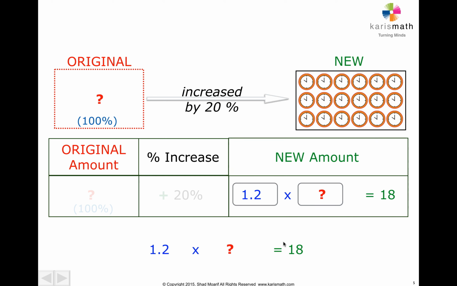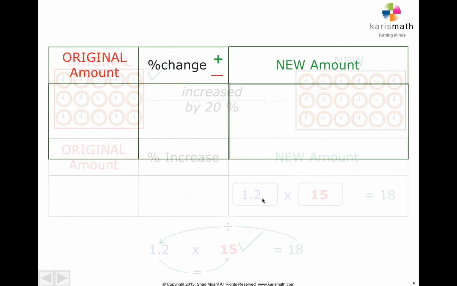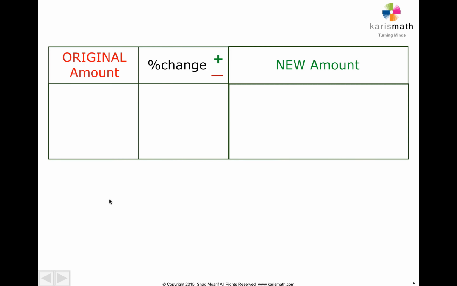The best way to do that is divide 18 by 1.2 and we get 15. And that's the answer. The original amount was 15. And you can check. If you increase this original amount by 20%, which is 1/5, then you'll increase it by 3 and you'll get 18. That's the answer.